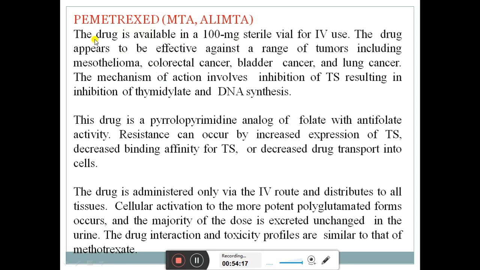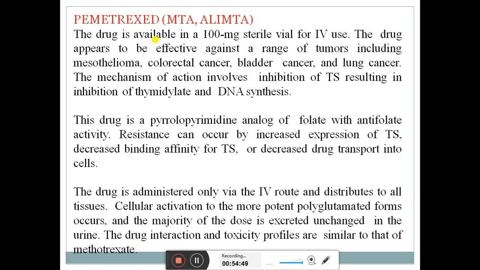Then next is pemetrexed. It is MTA or Alimta. This drug is available in the dose of 100 milligram in a sterile vial, given intravenously. Again, all the parts are similar to those of methotrexate. It is used in the treatment of mesothelioma, colorectal cancer, bladder cancer and lung cancer.